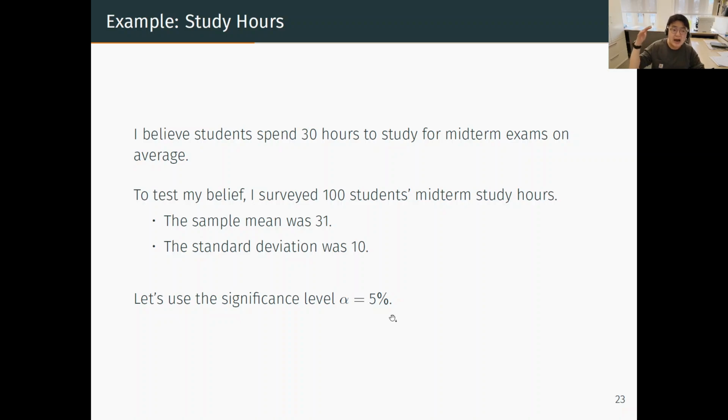That means I am going to reject the top 5% observations, the top 5% most suspicious realizations. Okay, based on these numbers, let's think about how to build a test statistic.